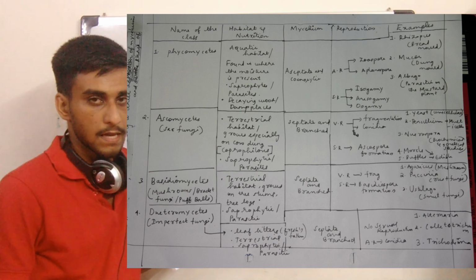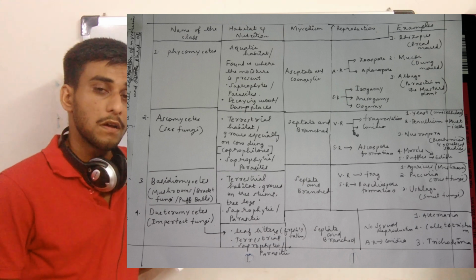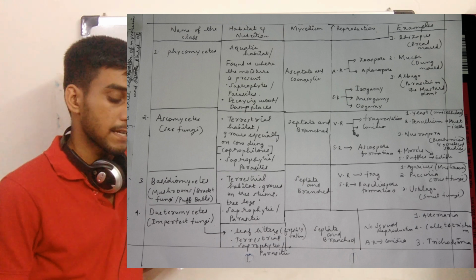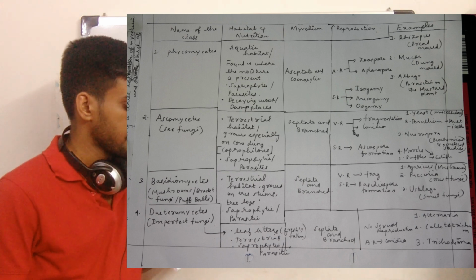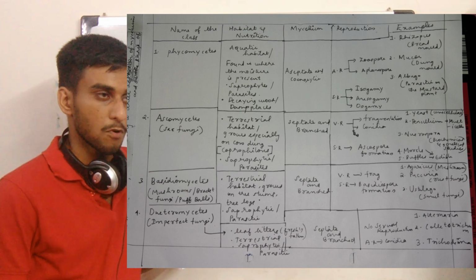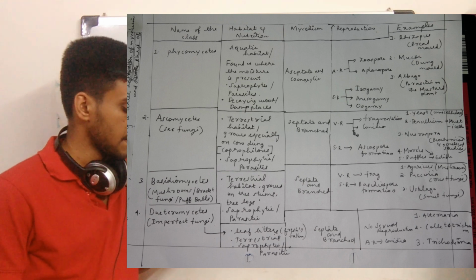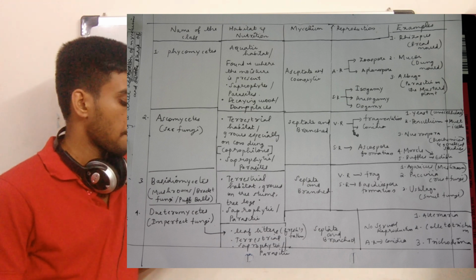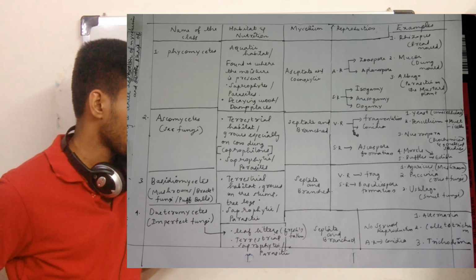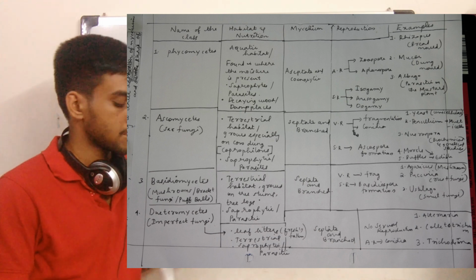Asexually, they have conidia formation. Everything is mentioned earlier in your textbook and in my previous lecture notes. Sexual reproduction is by the formation of the sexual spore known as the ascospore, which is formed in a specialized sac-like structure known as the ascus. And we know that ascospore is a type of sporangiospore which does not have flagella. No flagella.